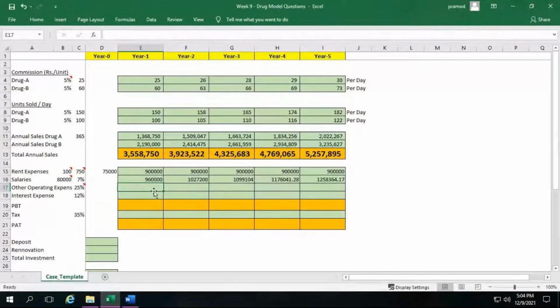When it comes to the annual sales year, select this amount, annual sales into 25%. Enter.